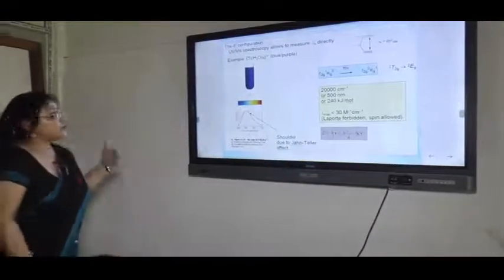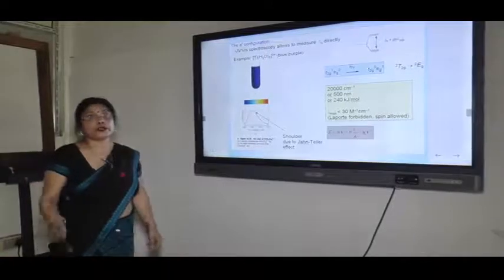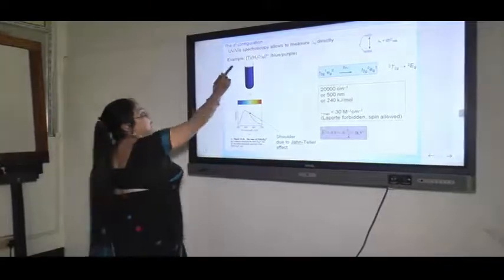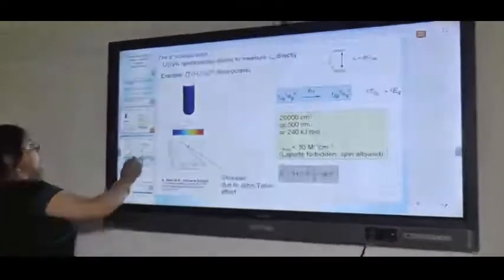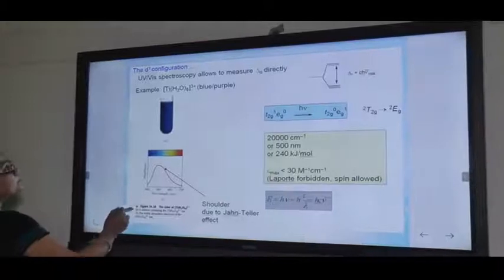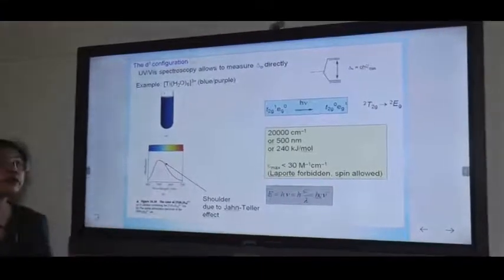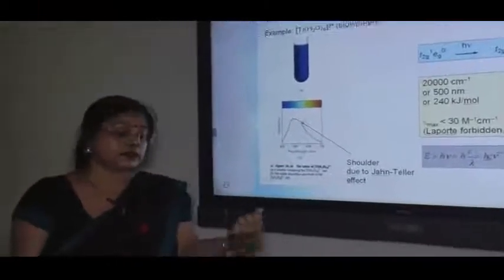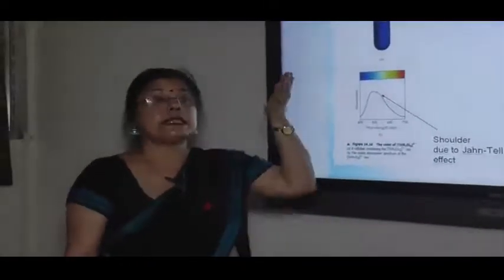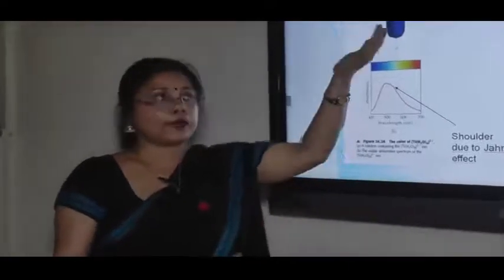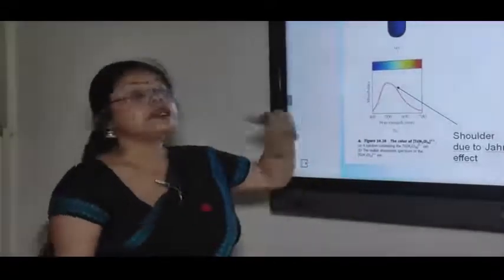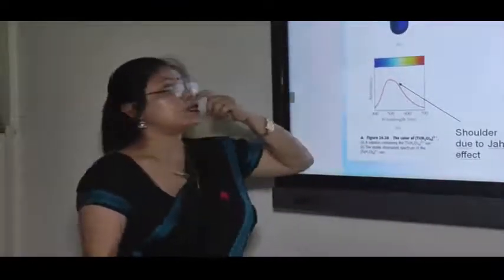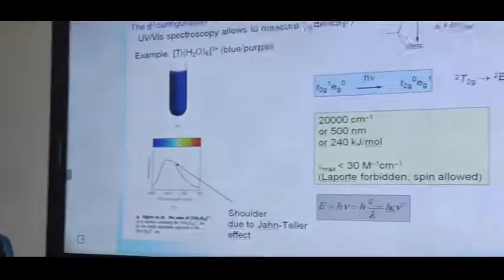Very beautifully, if I look at the titanium complex which I explained a while ago, the titanium complex is blue in color. What does it suggest? If it is blue in color, it absorbs energy from the sun and excites its electron from a lower to a higher level, and when it comes back to the lower level, it emits radiation, and that radiation allows us to see the compound in blue color.